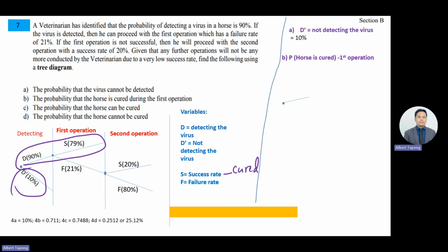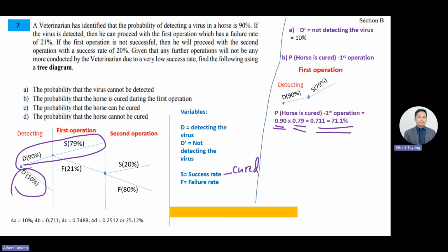Remember that we cannot go to the first operation without detecting first. So we multiply 90% and 79%. 90% is 0.9 or 0.90 and 79% is 0.79. So that is 71.1%.